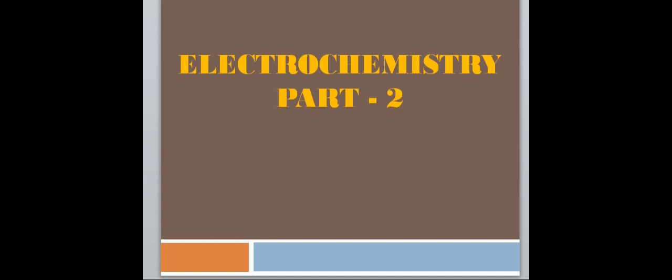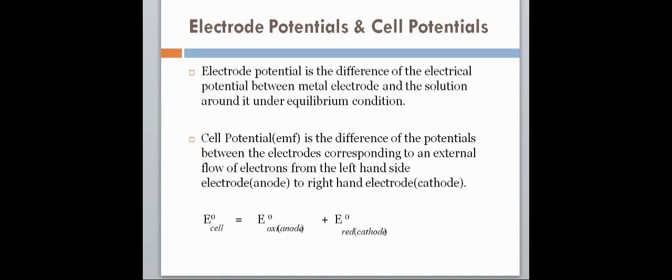All these things you can relate with electric current or electricity, right? So our next step, after converting chemical energy into electrical energy in the galvanic cell, is to move on to these concepts, that is electrode potentials and cell potential.